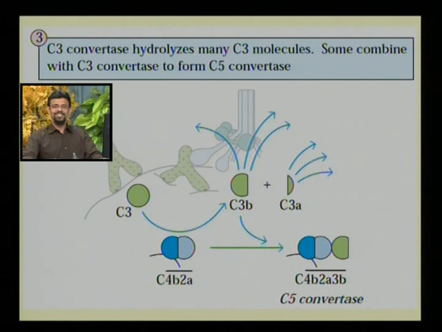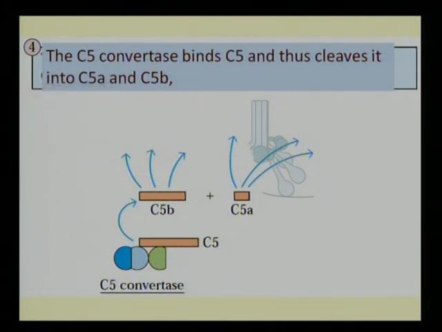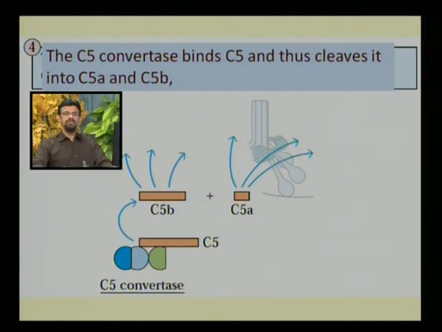As the name suggests, this enzyme is going to act on the C5 component of the complement pathway. Now C5 convertase binds with C5 and cleaves it into C5a and C5b. C5a will diffuse away from this site, whereas C5b, which is the central molecule of this pathway, will have its function there itself.